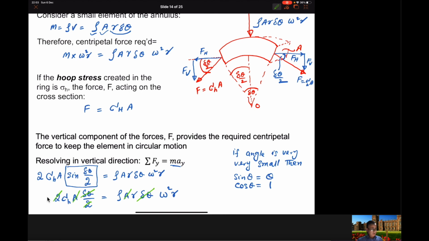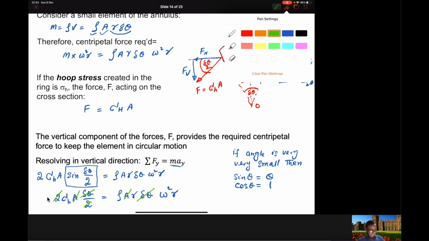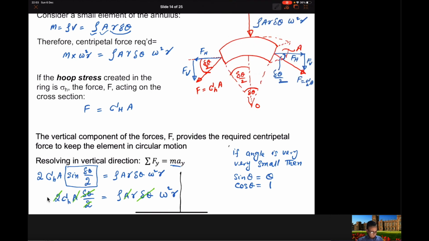So finally, on the left hand side the only thing left is sigma h. So sigma h becomes equal to density rho times omega square, and with one r here and one r here, you have r square.